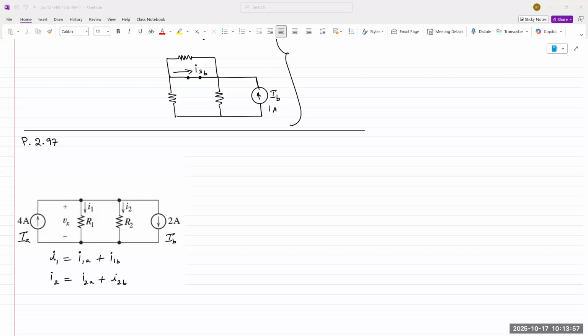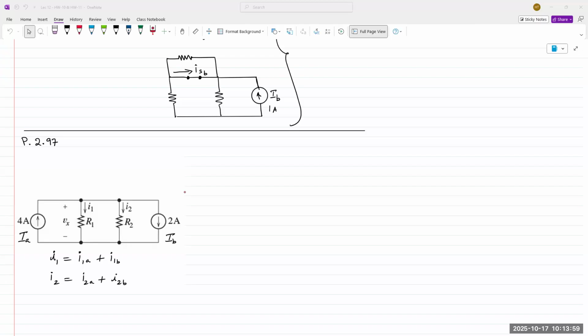In superposition, we are breaking the circuit into two parts: solve it with IA active, and then solve it with IB active. Only one source is active at a time.